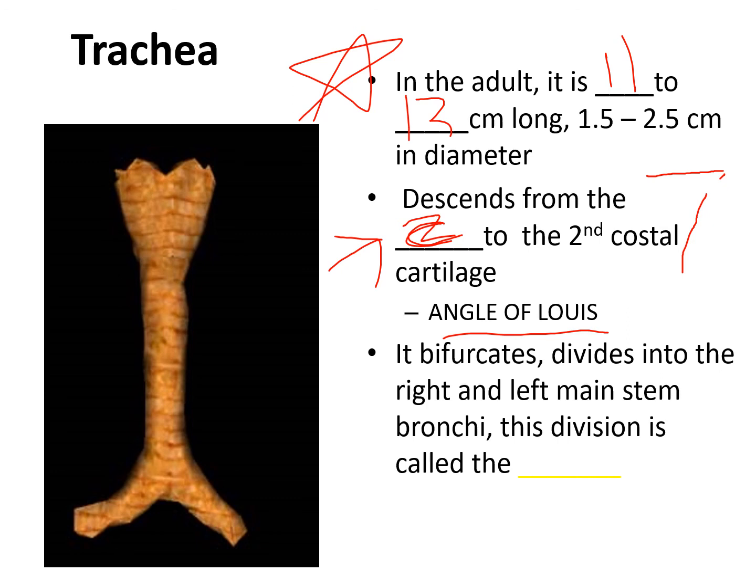Now, the angle of Louis, there's a fun story behind that one, and it won't test you. If anything, it would be a bonus question or something like that. The angle of Louis is also known as the sternal angle, and there was a French surgeon that came up with this. He's not known as much for naming the angle of Louis, and of course his name was Louis, but he is actually more known for inventing the guillotine.